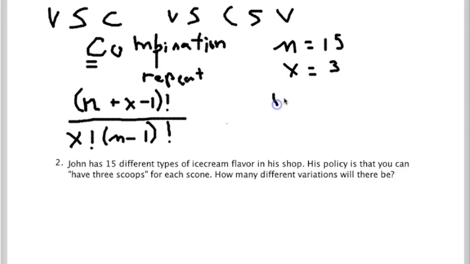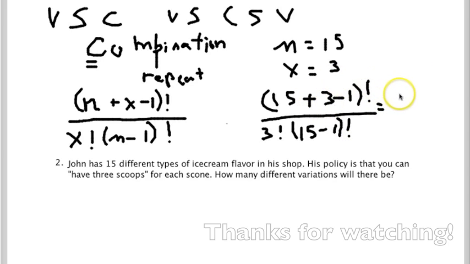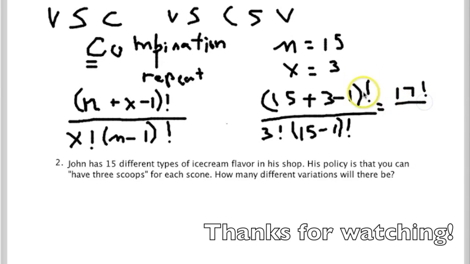So in this case, we get 15 plus 3 minus 1 factorial over 3 factorial times 15 minus 1 factorial. Okay, so 15 plus 3 is 18, 18 minus 1 is 17 factorial over 3 factorial times 15 minus 1 is 14 factorial.